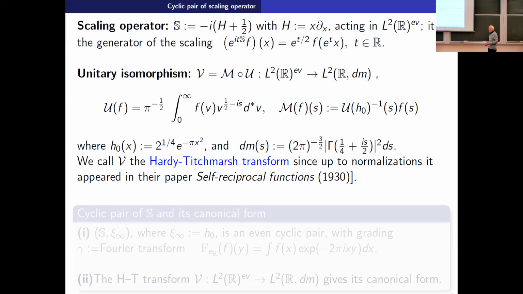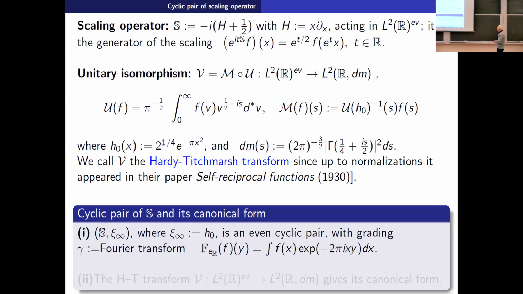When you deal with the Fourier transform and you look for such things, this is the kind of transformation which naturally comes in, and that's exactly what we are doing here.